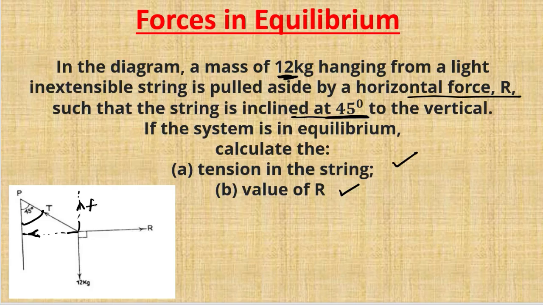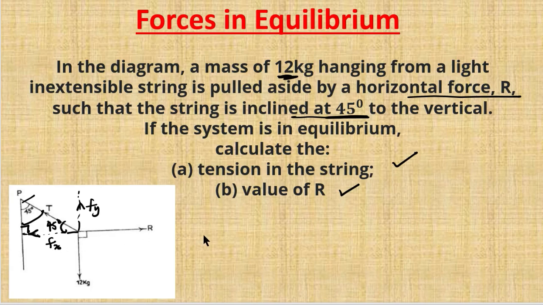So I can call this my Fy, and I can call this my Fx. Obviously, I now have a right angle triangle at this point. So if I have 45 degrees here, obviously I'll also have how many degrees here? 45 degrees. Then I can use my sine theta and my cos theta to resolve to both the x and the y-axis.